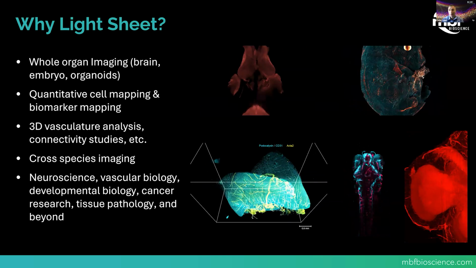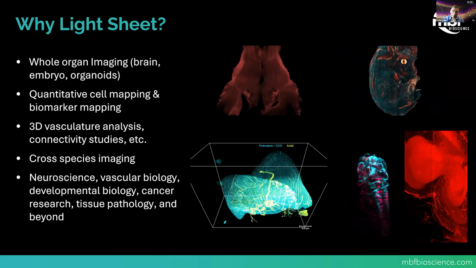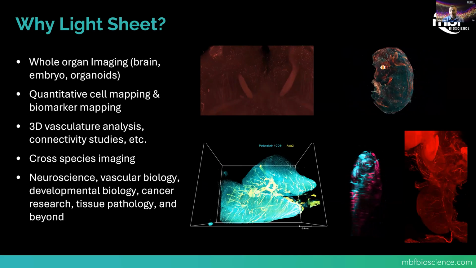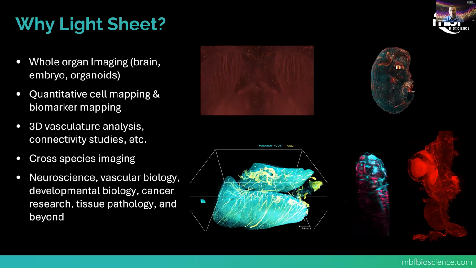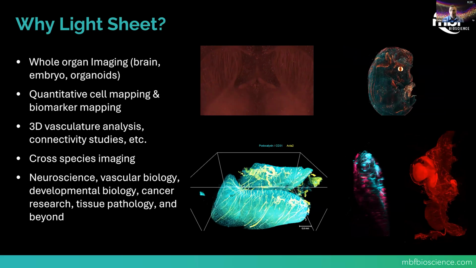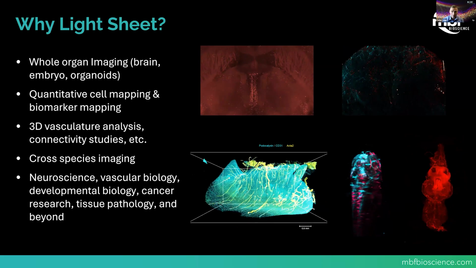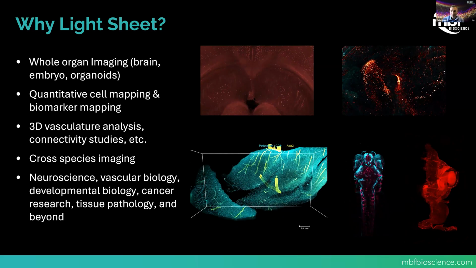This sample was cleared with iDISCO. On the bottom left, we have some human tissue. This is a data set that shows vascular imaging in a neurotypical post-mortem human brain sample processed using the CHANEL clearing method. So here we can see intact vascular networks.